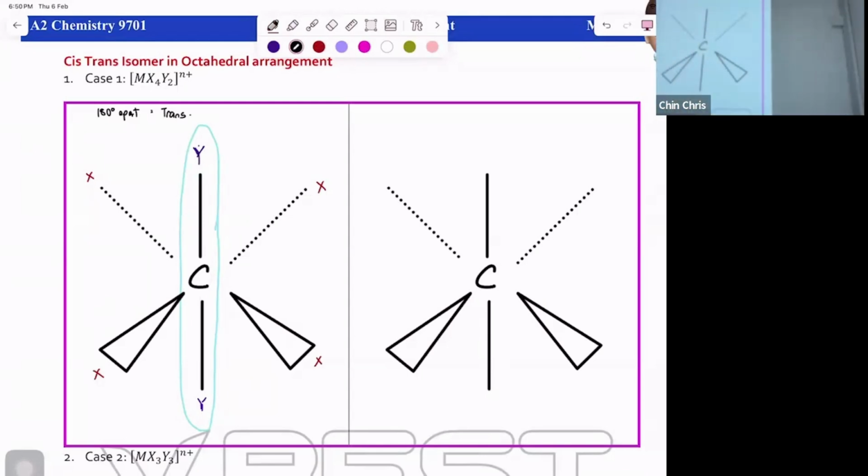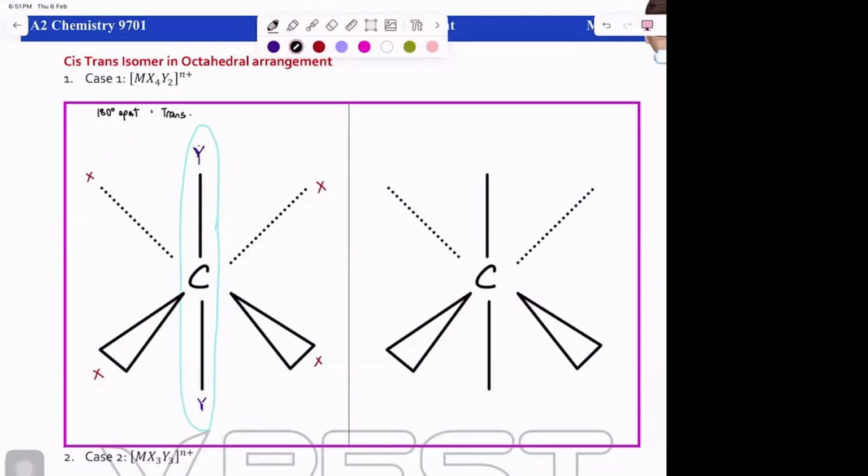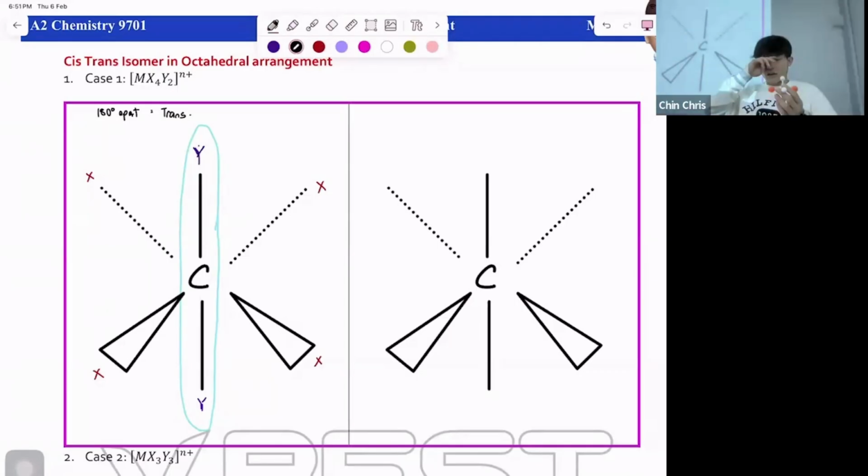I'm going to pass this around. You guys go have a look. You can change it to a C for me. Okay, so guys, for example, you can always swap this. We see right now it's 180 degree. What I need to do is just swap them to a 90 degree. That will be a cis already.